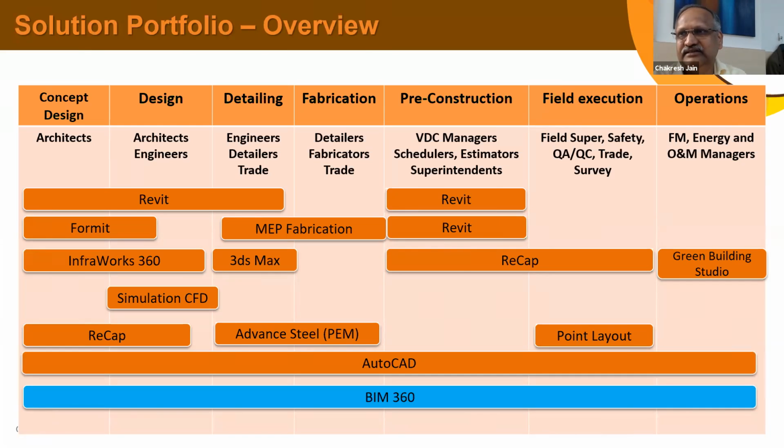And one very important thing which I would like to highlight is the collaboration tools, the BIM 360 banner which we have. They will bring all these diverse people together onto one single platform where we can share our design documents and any information related to that project.